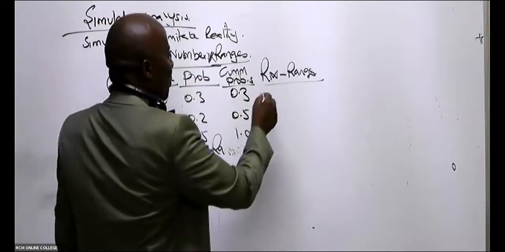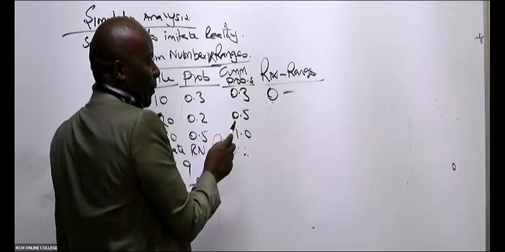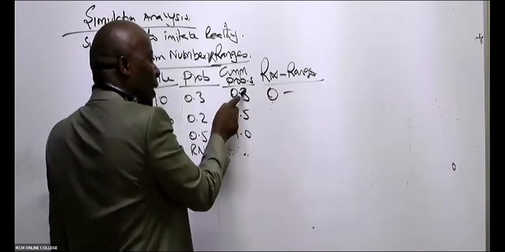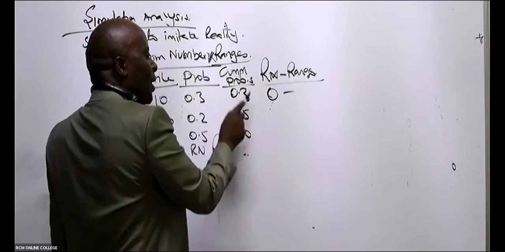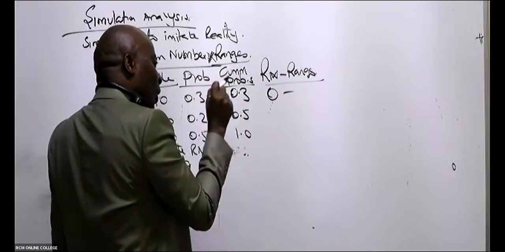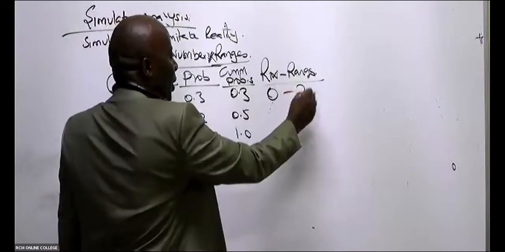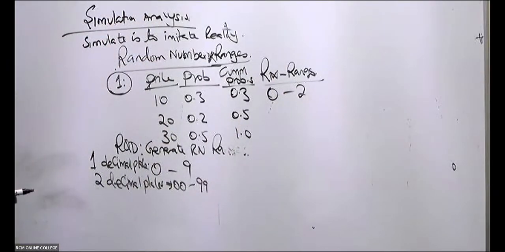The first class will be 0 all the way to the upper limit. Upper limit is 3. To get the upper limit for the range, you take this 3 as if it's a whole number, and then you deduct 1. So 3 minus 1 gives me 2.